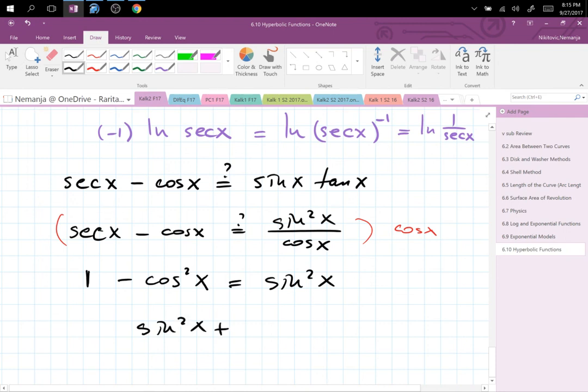Sine squared x plus cosine squared x equals 1. 1 equals 1. Done. What an awesome problem. So just by multiplying both sides by cosine x, we deal with this thing.